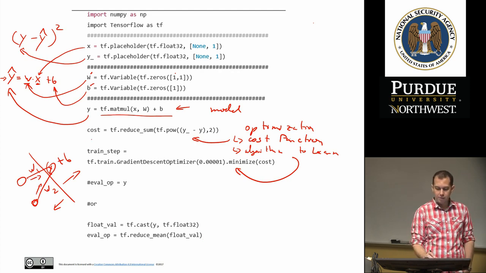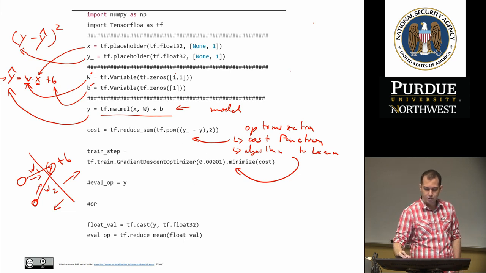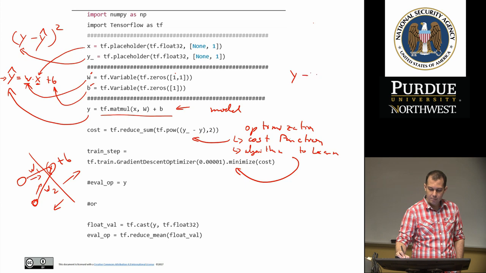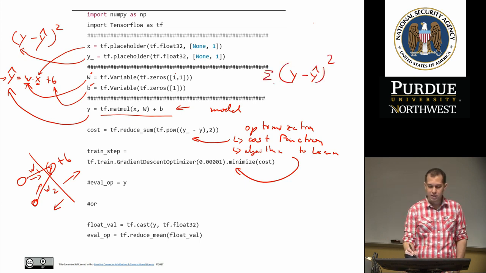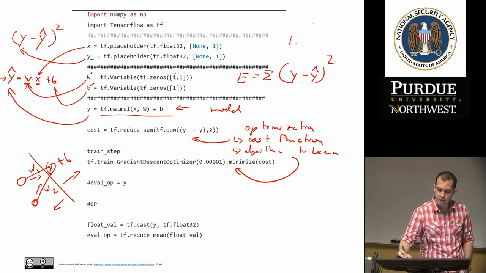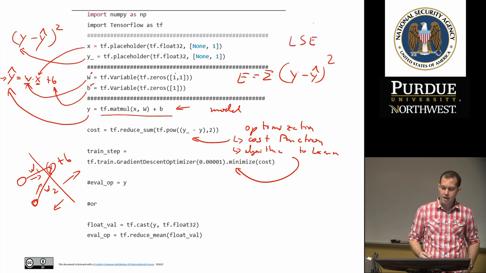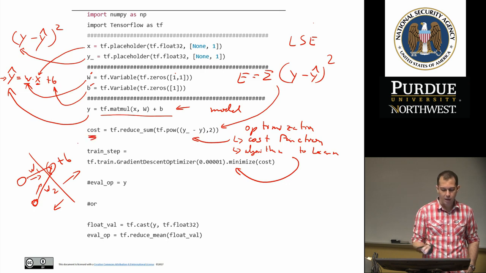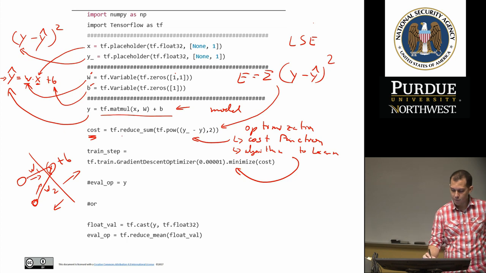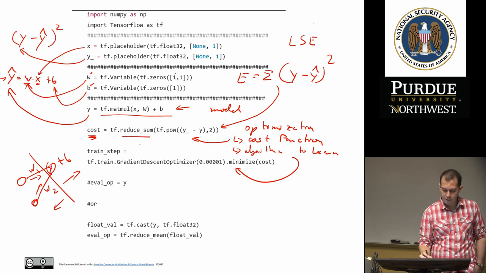So here we have the cost function, and if you notice, this cost function captures that y minus y hat squared and the sum of it. So this equation, the LSC that we saw in a previous slide, is actually represented really nicely, I would think, in this code here. You can see we give it a name like cost or something like that. Then we have the reduce part, roughly can be thought of as this part here.